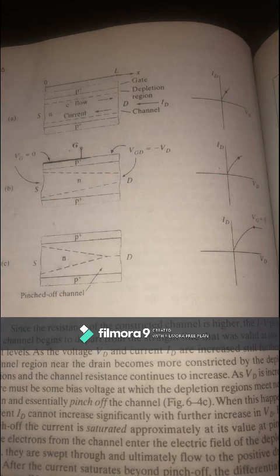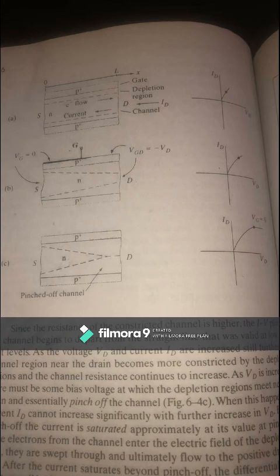Since the resistance of the constricted channel is higher, the IV plots from the channel begin to depart from the straight line that was valid for low current levels. As the voltage VD and current ID increase still further, the channel near the drain becomes more constricted by the depletion region, and channel resistance continues to increase.